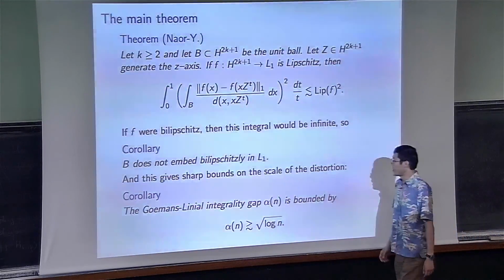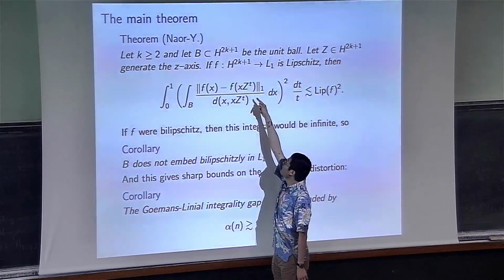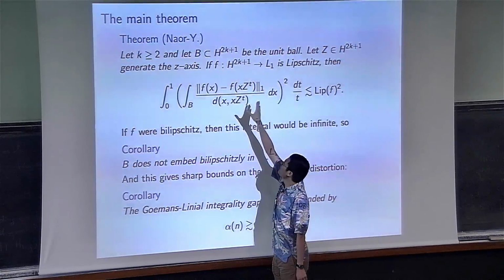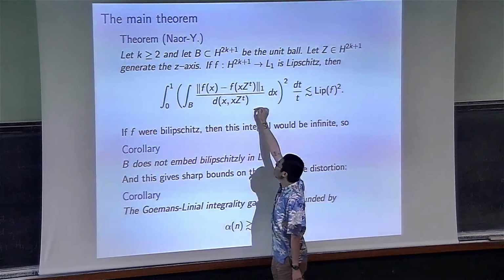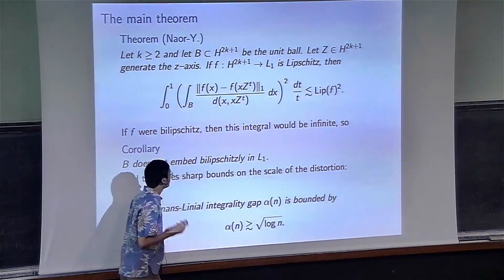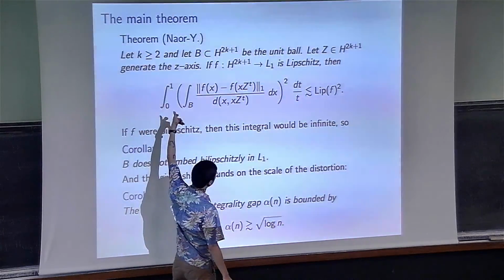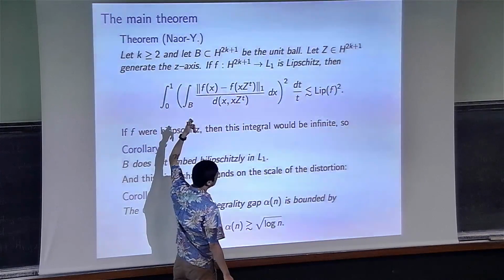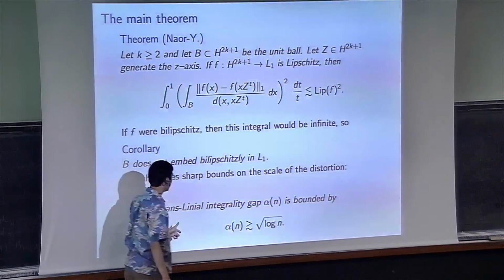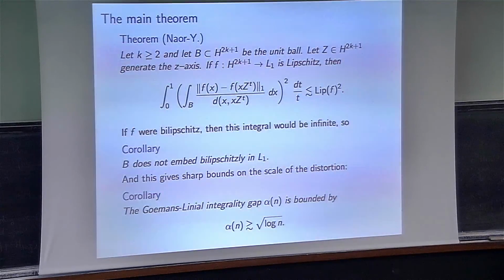You can check that if instead of requiring this to be a constant, I say okay, there has to be some distortion, but I want as little distortion as possible, well, if this is bounded below by c on all balls of radius epsilon, if you have a bound on the distortion above scale epsilon, then you can work out this inequality and show that there's a relationship between the scale at which your map is undistorted and the amount of distortion you have, and that relationship gives you this bound that alpha of n is at least on the order of root log n on the integrality gap.